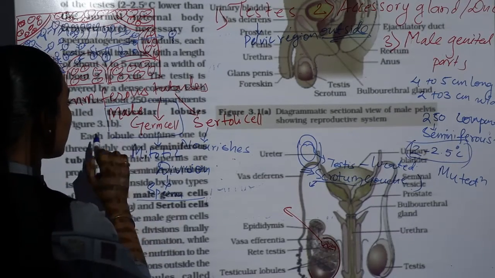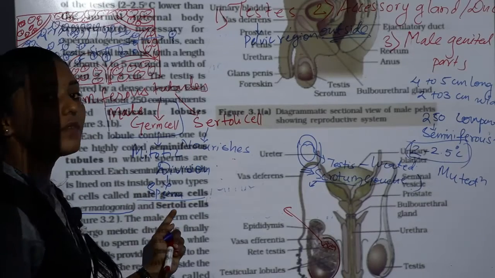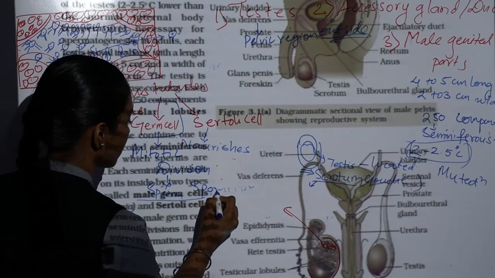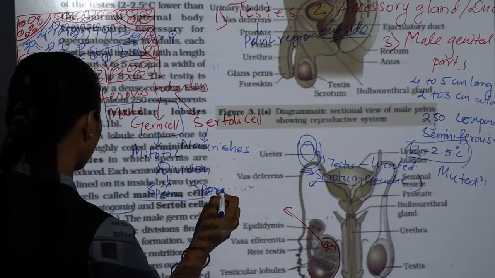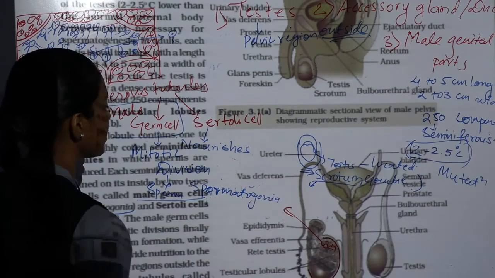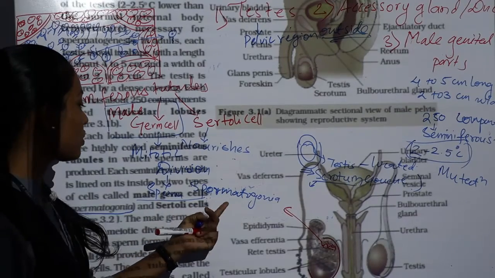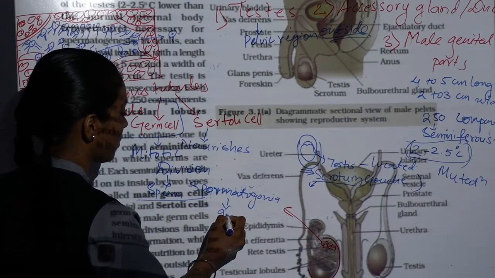Please remember this, male germ cell is involved in production of sperm, and these sperms are produced from spermatogonia. We will see the other terms, spermatozoa and all, when we study the formation of male gametes.